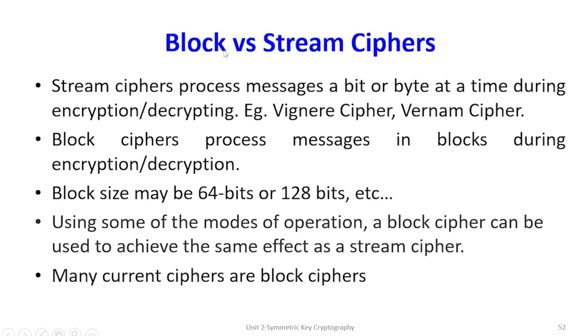But a block cipher is used for doing encryption or decryption in a collective way. That means we take 64 bits of the original message or plain text as a block, or we can take 128 bits of plain text for the encryption process.